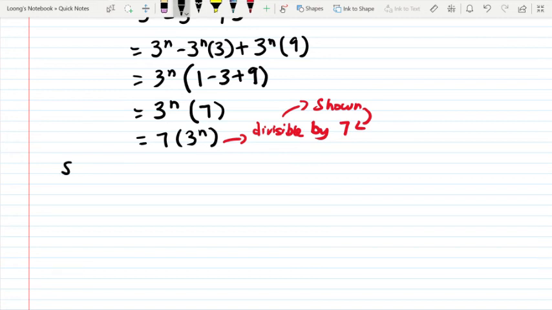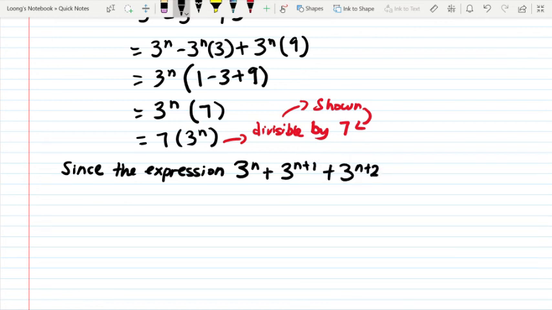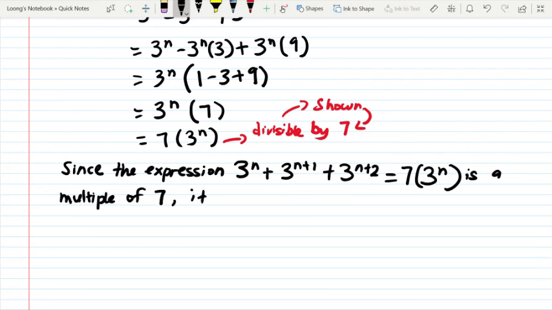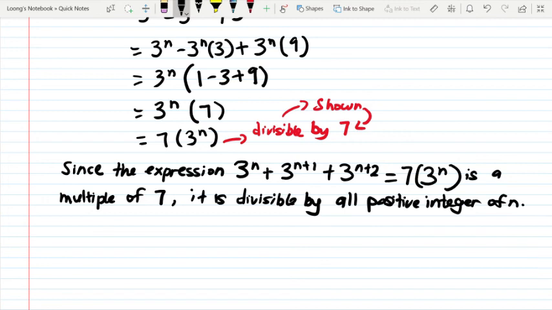So the conclusion is, since the expression of 3 power n plus 1 plus 3 power n plus 2 equals 7 times 3 power n is a multiple of 7, it is divisible by 7 for all positive integers of n.